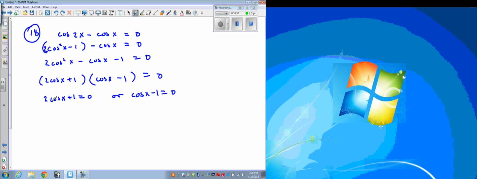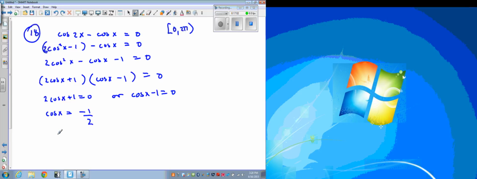Then solve these, get cosine x by itself. Take this over as a minus 1 and then divide by 2. Now, notice they want the answers on the interval from 0 to 2 pi, not including 2 pi.